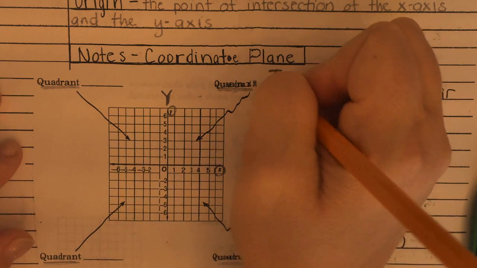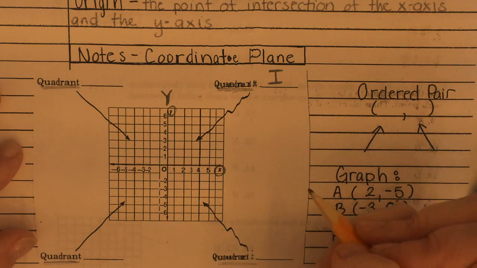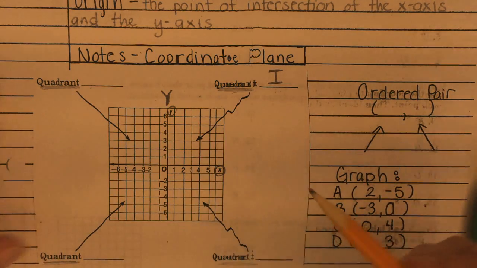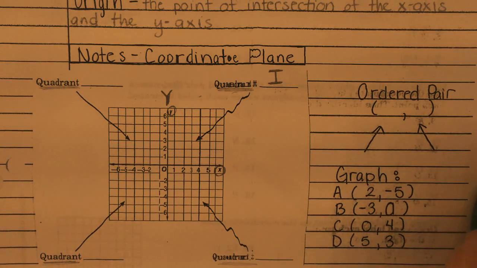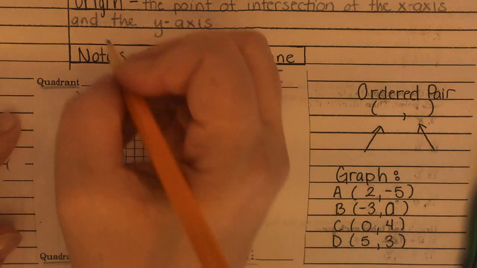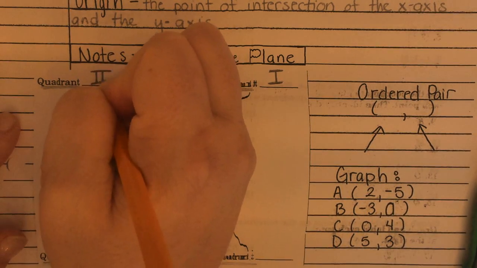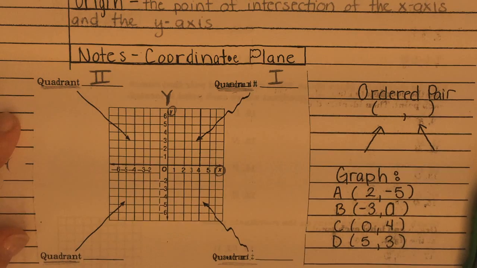So quadrant 1, we're going to do a Roman numeral 1. All right, and you kind of go counterclockwise. Usually math makes sense. This is one of those things that I don't know why we don't go clockwise, but we go counter. So we have Roman numeral 1, then going backwards, Roman numeral 2, which looks like 2 capital I's smushed together. Okay.